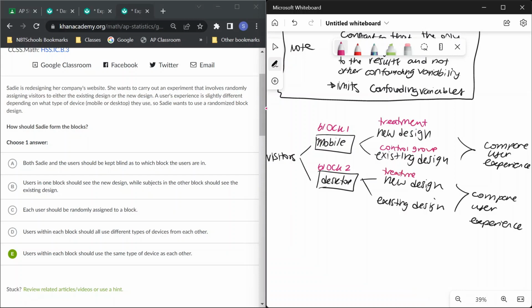Treatment design. Control group is the existing design. And what's happening here is a random assignment.